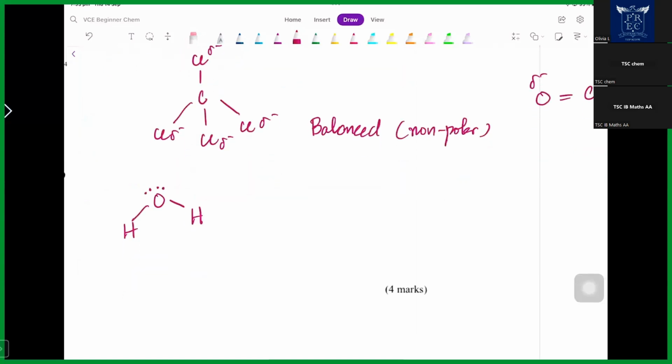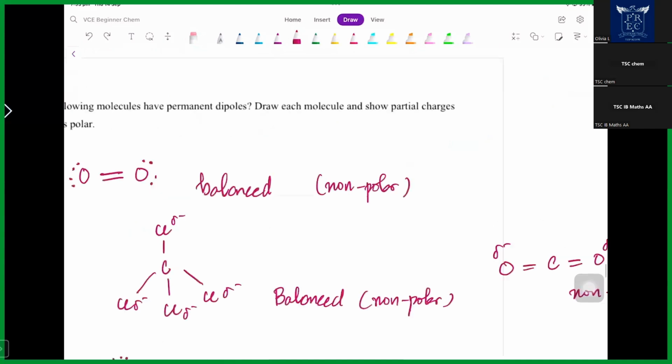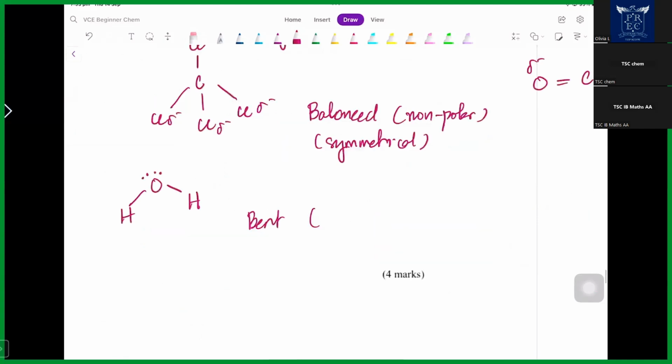This one is bent shape. So bent is non-balanced, imbalanced. Another way we can say balanced is symmetrical. This is symmetrical. This is non-symmetrical. So this is polar.